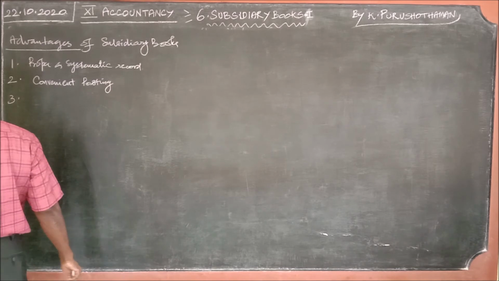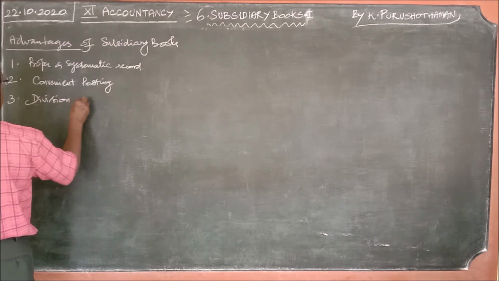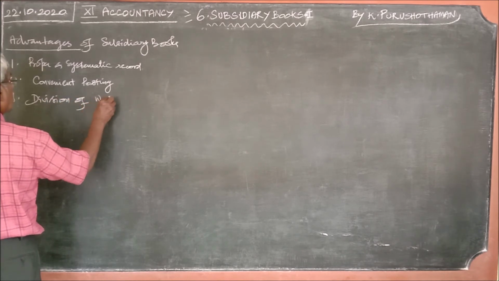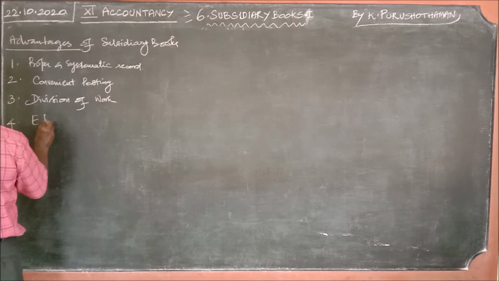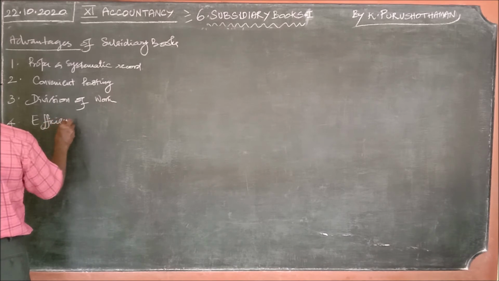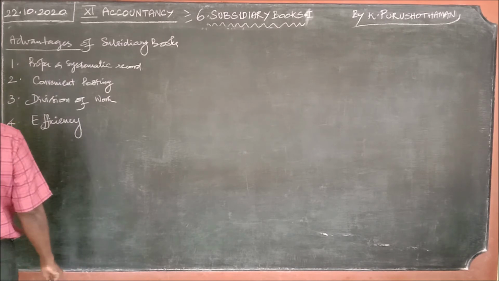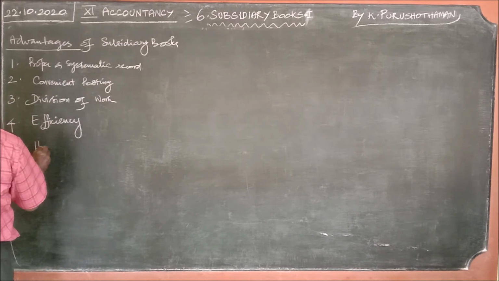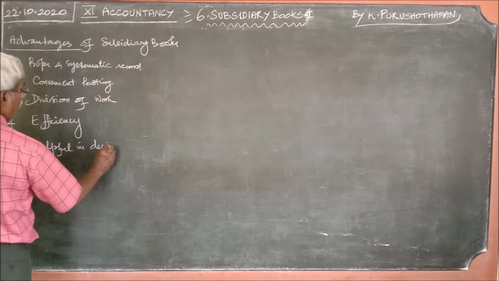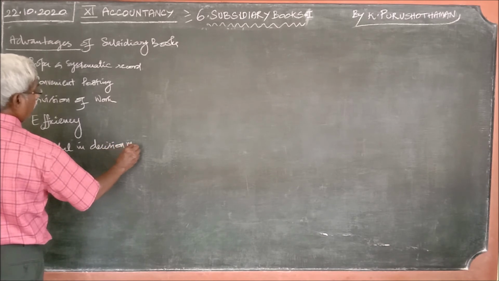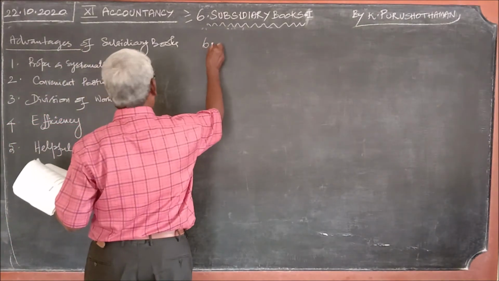Number 3, division of work. Number 4, efficiency. Number 5, helpful in decision making.